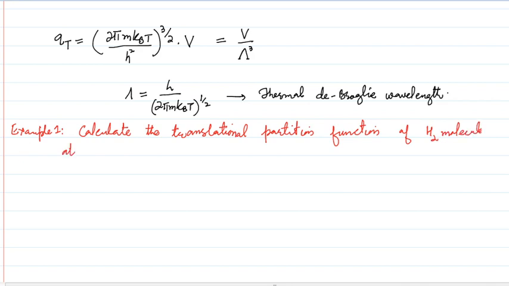Temperature is given as 25 degrees centigrade, and this is confined to a volume of 100 cubic centimeter, with the mass of a hydrogen molecule equal to 2.016 atomic mass units, which is represented simply by u.